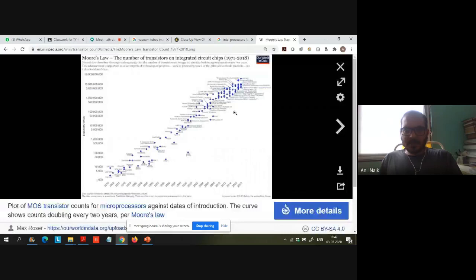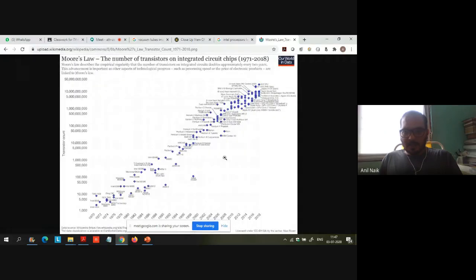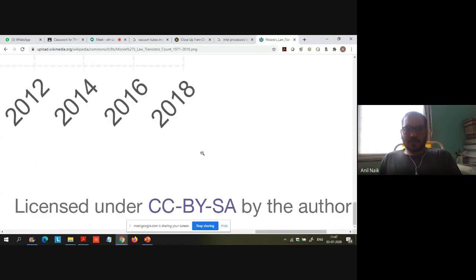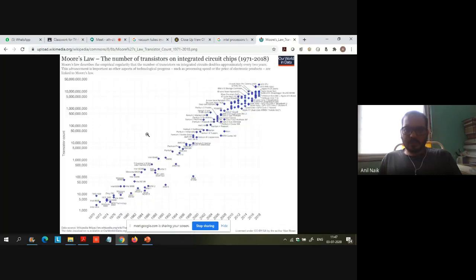This chart gives data up to 2018. Here you can see Moore's law: whatever Moore said, every 2 years the transistor count will be doubled. In 1970 it started, and you can see how the transistor count increased.